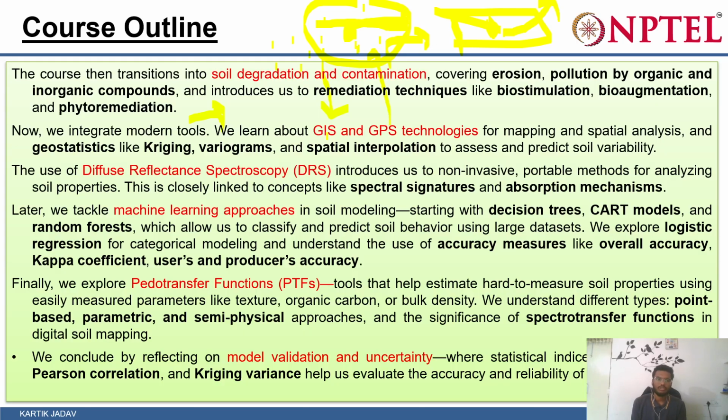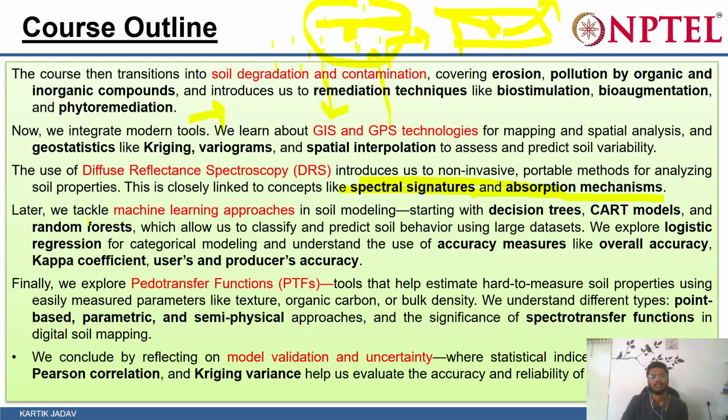After that, we have also focused on advanced techniques like diffuse reflectance spectroscopy and PXRF that introduce us to a non-invasive, portable, and rapid method to analyze various soil properties. This is closely linked to concepts like spectral signature and absorption mechanisms.